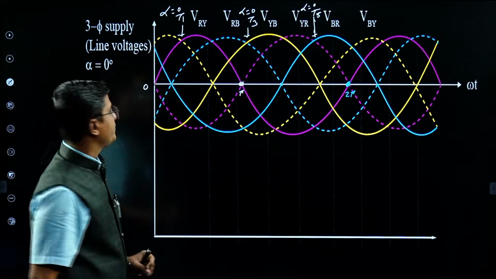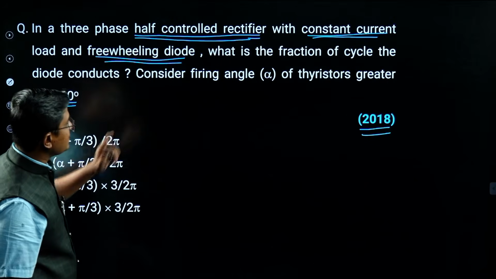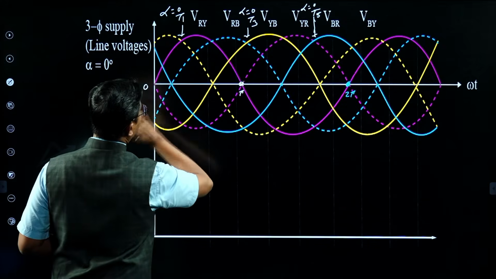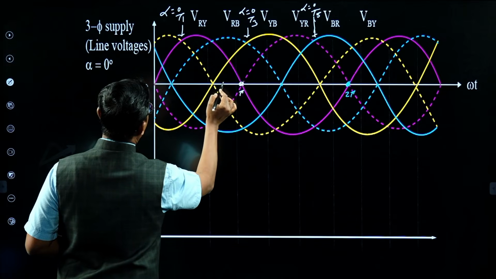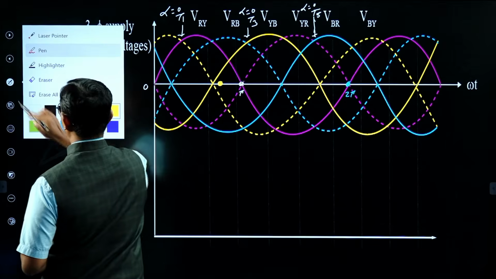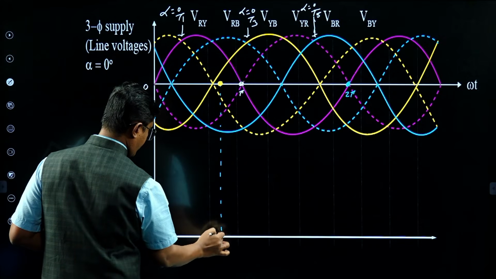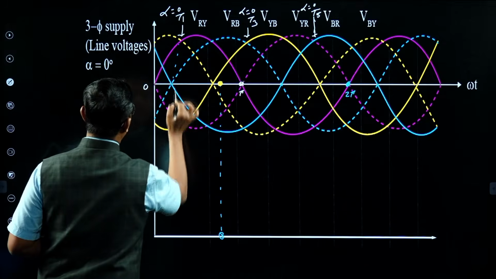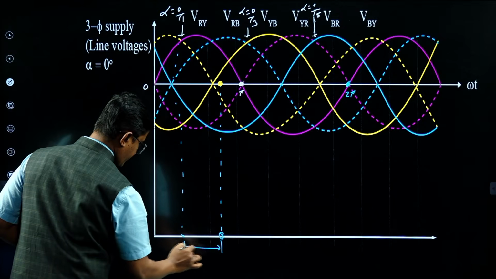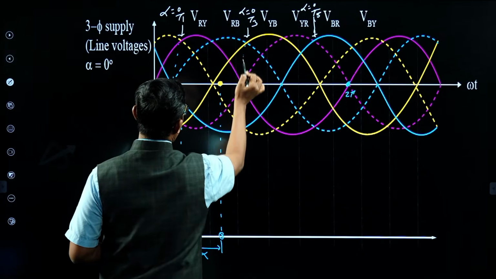They are saying alpha is greater than 60 degrees. Suppose this pulse is of 60 degrees, and I am applying the gate pulse to thyristor T1 at this point. Now this is my alpha for T1. At this point I am triggering thyristor T1, and this is the alpha 0 point. Similarly, alpha 0 for T3 is this point.